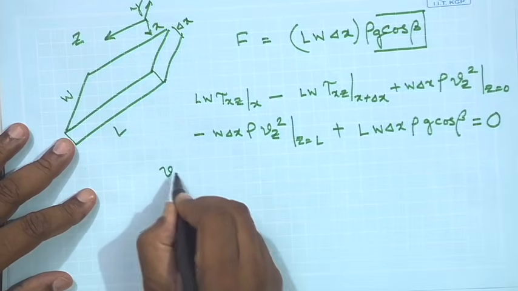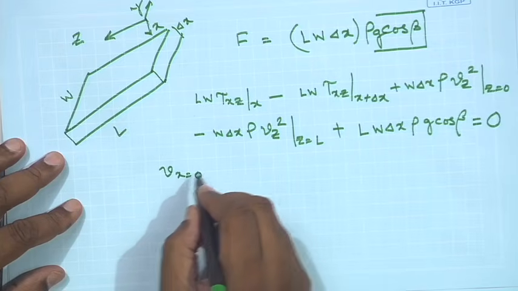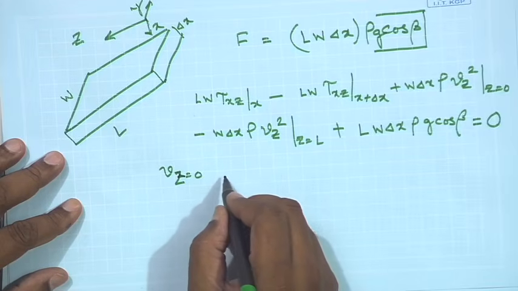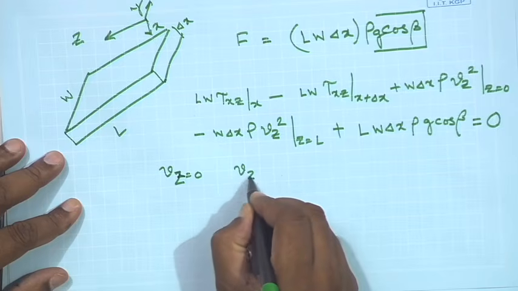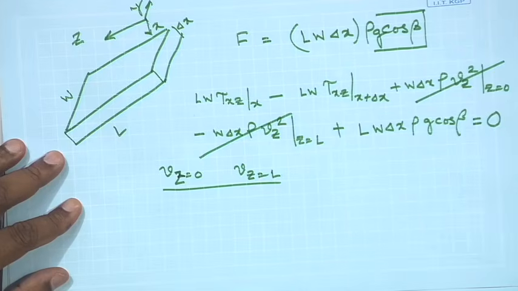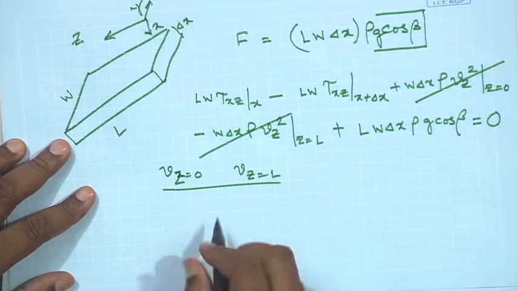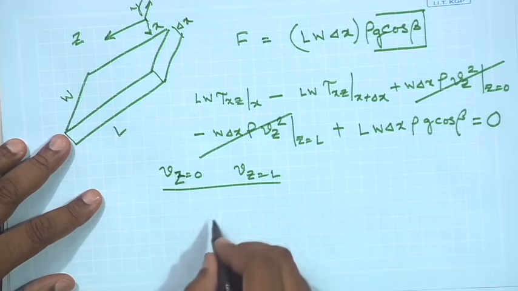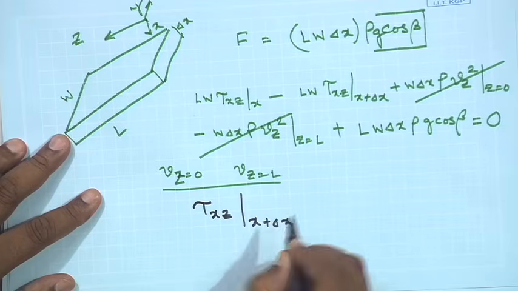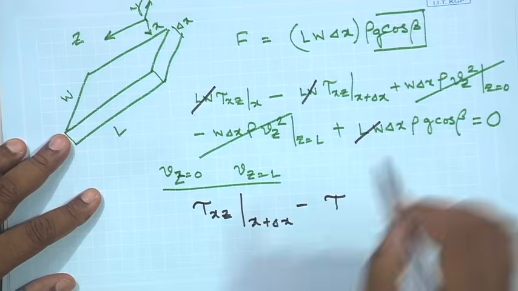We identify here that v at z equals 0 is equal to v at z equals L. So this term and this term would cancel out, and then I divide both sides by del x. So what I am going to get here then is, and cancel out the LW from here as well.